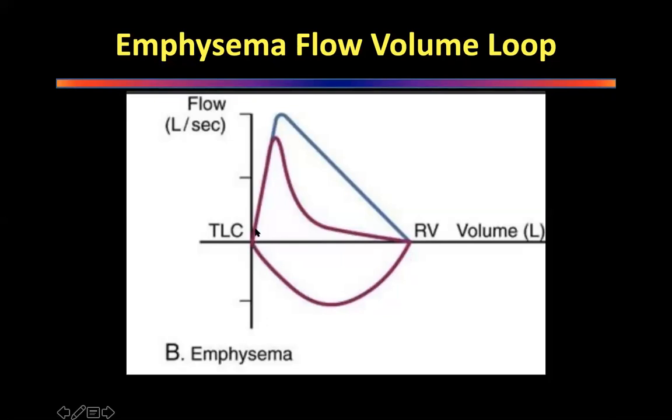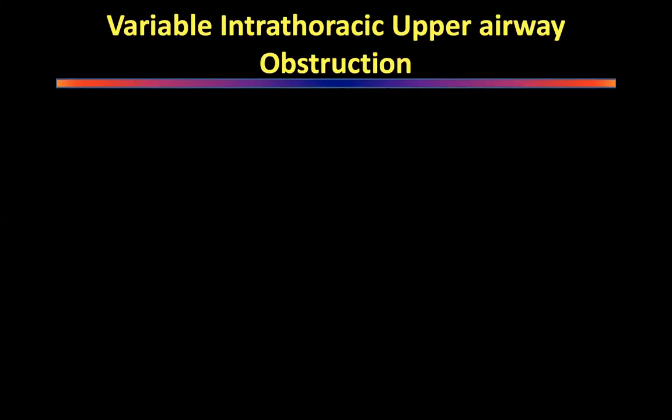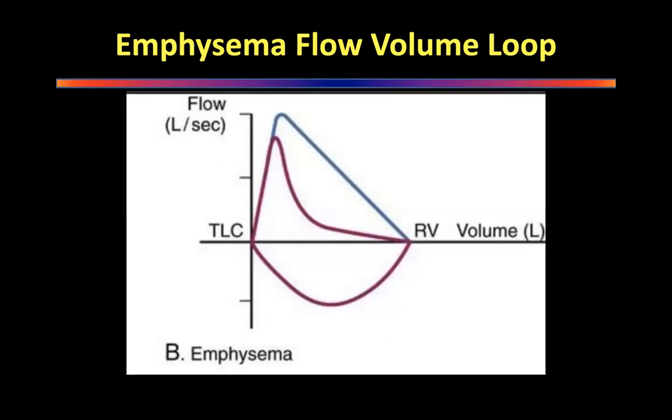The expiration, the peak flow is reduced, and the slant or the inclination of the flow is decreased because there is obstruction to the outflow, or there is obstruction to expiration. So this is an understanding of an emphysema patient. Okay, everybody clear about this? Is this very clear? Yes, sir.